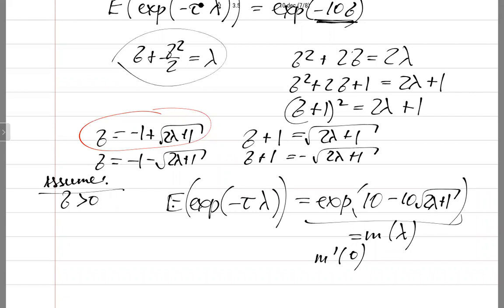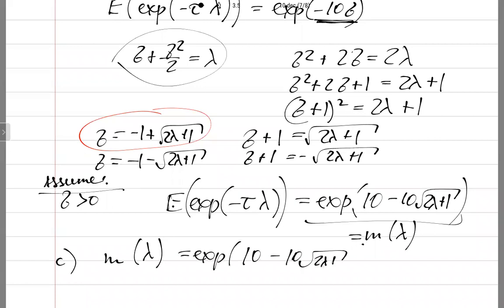Can you find the derivative at 0? If you know the function, it's a very baby question. Could you find m prime at 0, m prime prime at 0? Can you find it?